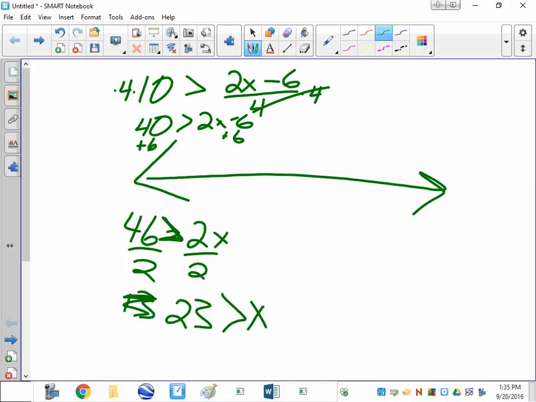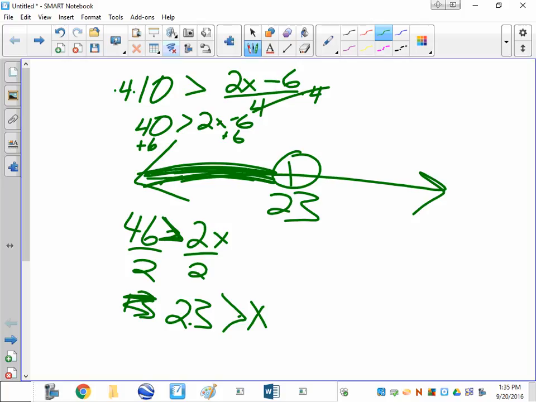It's a little bit backwards. So at 23, we know it's an open circle. Which way do I shade? Left or right? Everybody agree left? If we read it, x is less than 23. So we want to represent every number that's smaller than 23, which would be to the left.